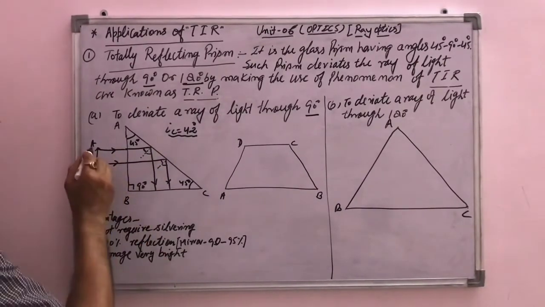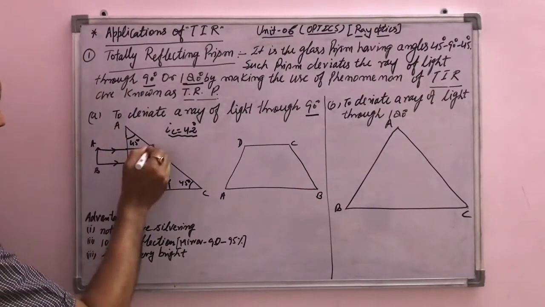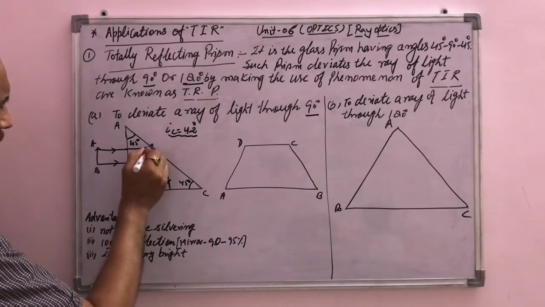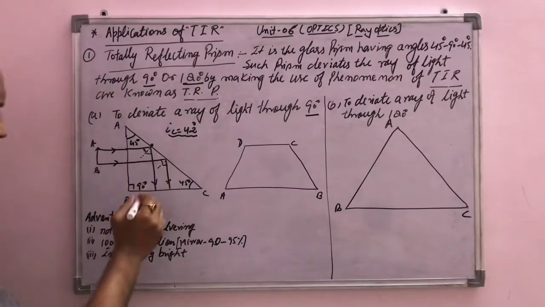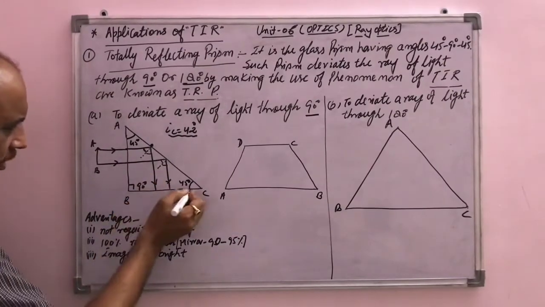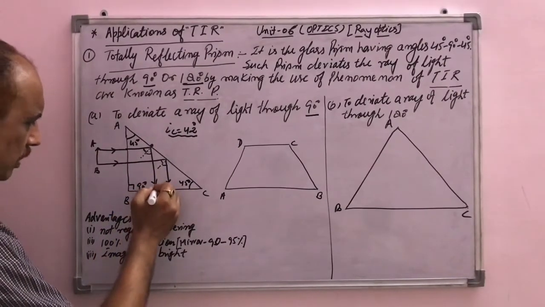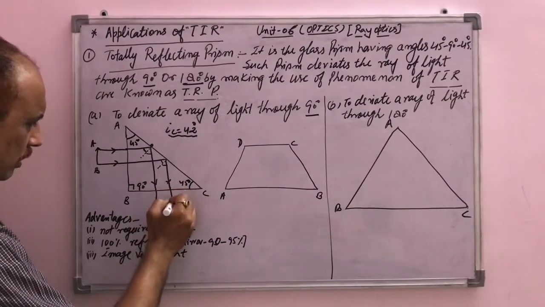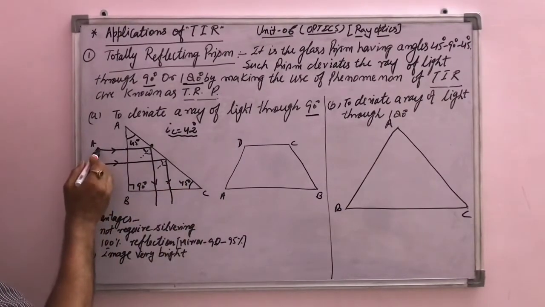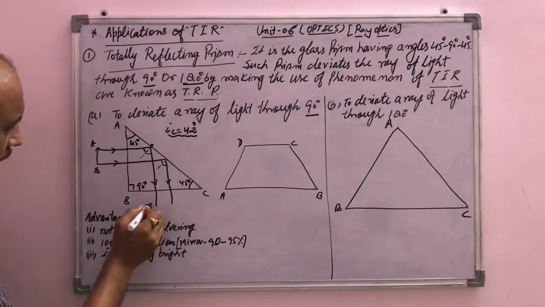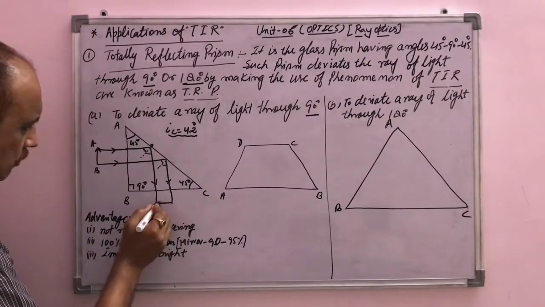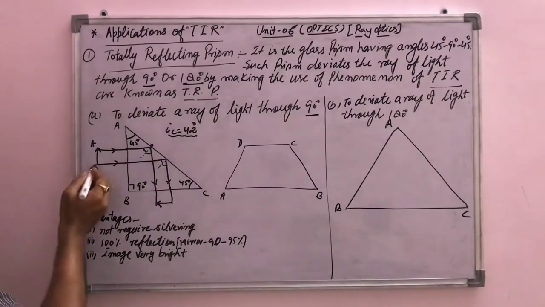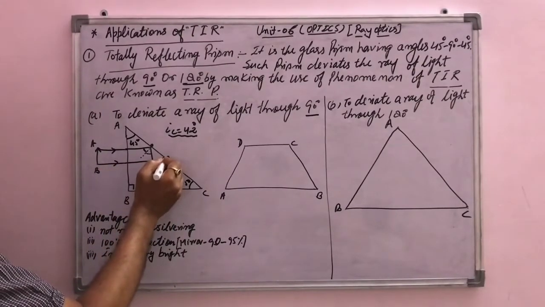So when the ray starts from A and is incident at this point, it will be reflected back through 90 degree, and again the ray is incident on the face BC normally, so it moves along a straight line. The first ray AB is in the upward direction, so the arrow is formed in this direction, and point B is reflected from this point.